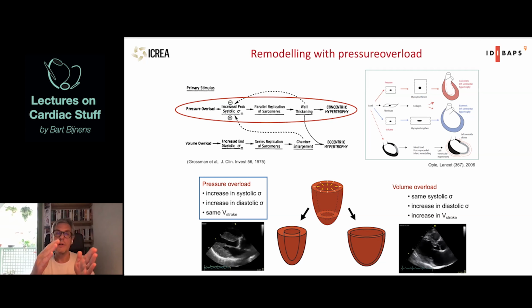And this thickening of the wall that you see in hypertrophy is actually a sign of increased contractility, because you have more contractile material. All hypertrophic cells have, by definition, more contractile material, at least in the compensatory state, let's say it that way.